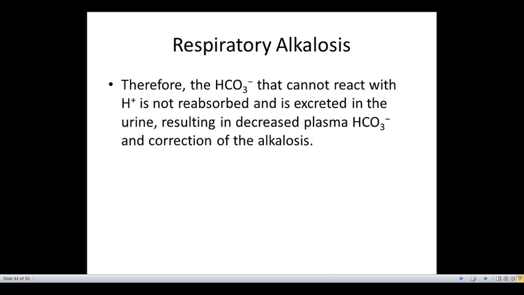Therefore, the bicarbonate ion that cannot react with the hydrogen ion is not reabsorbed and is excreted in the urine, resulting in decreased plasma bicarbonate ions and leading to the correction of the alkalosis.